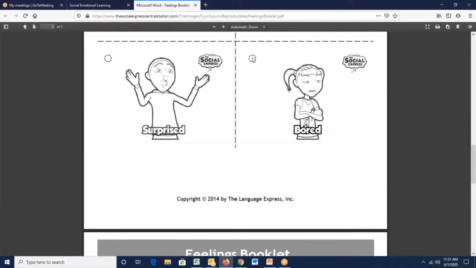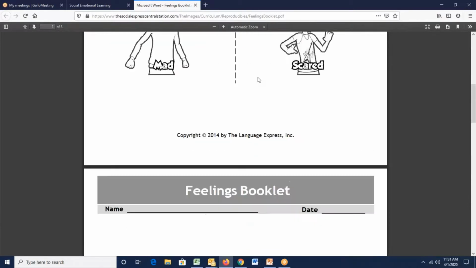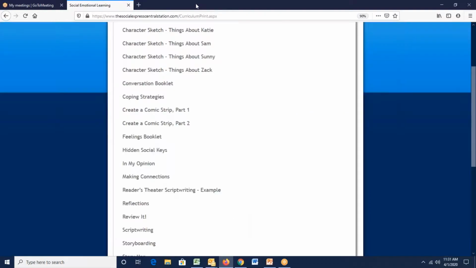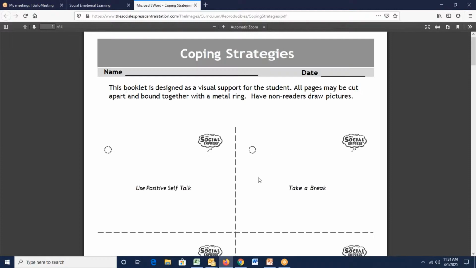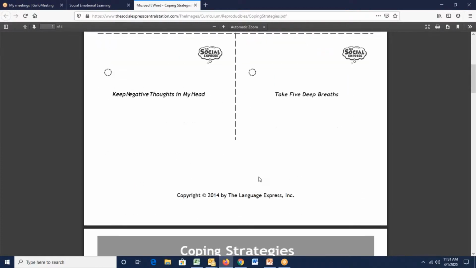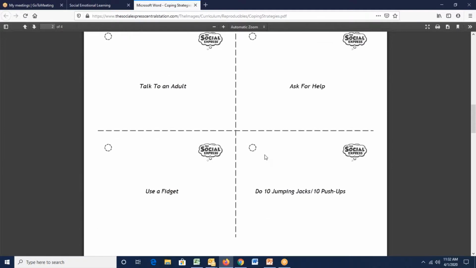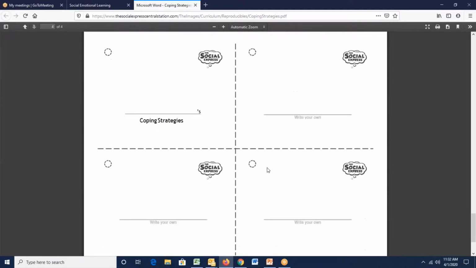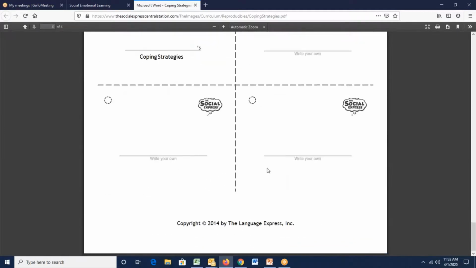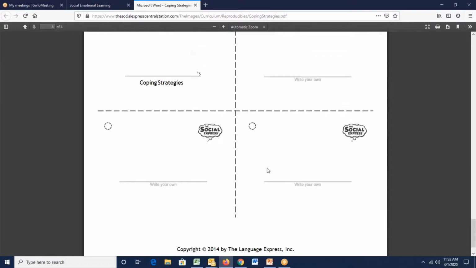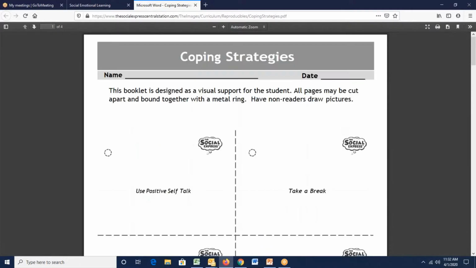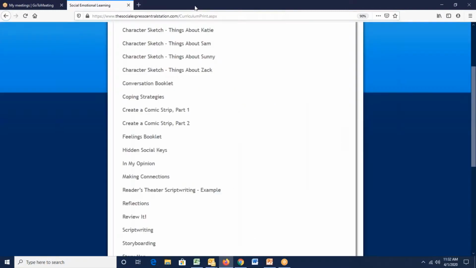And then the parents can just staple it with a pair of scissors and tie it together so the kids have their own feelings little booklet, and then just like the characters, they can identify a coping strategy. So we have the ones in the program, and they can draw pictures to go along with that. And then at the bottom, they can add their own coping strategies, reading a book, drawing, going to their room, and then attach that all together so they have a handy-dandy coping strategy.